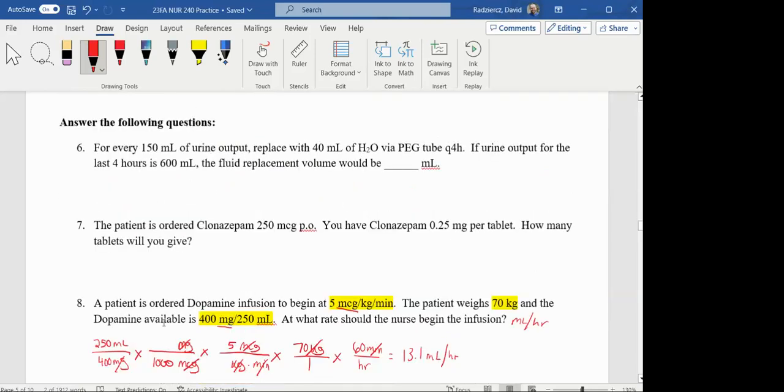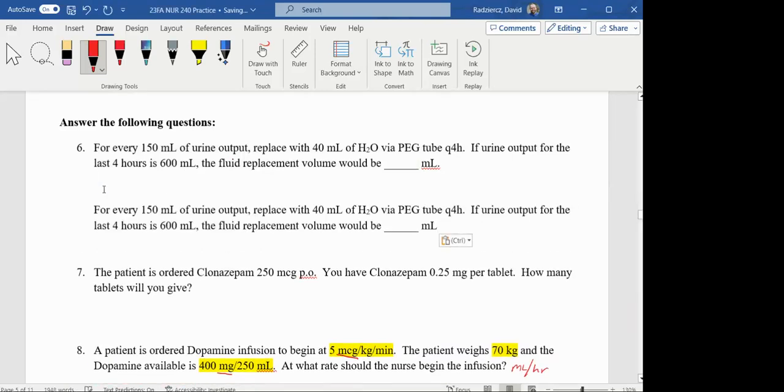Okay, let me see if I can find the same one. Okay, yeah, because those are different numbers. All right, let's just do this. I think I'm doing the calculation correctly, but maybe I'm not rounding the right way.